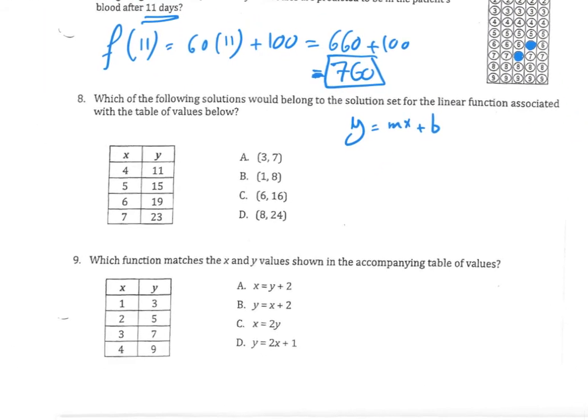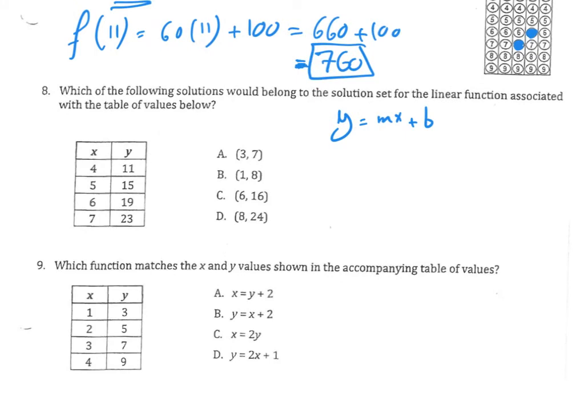So let's try to find the slope here. Let's choose 2 points, like 4 and 11, and 5 and 15. You can choose any 2 points from the table. So m will be y2 minus y1 over x2 minus x1.